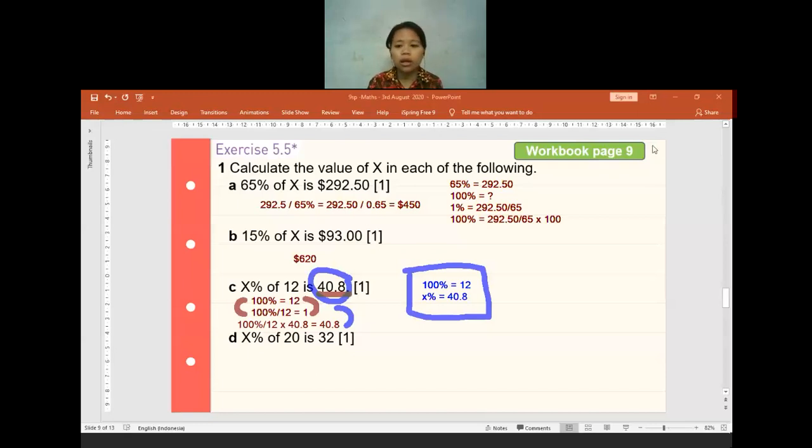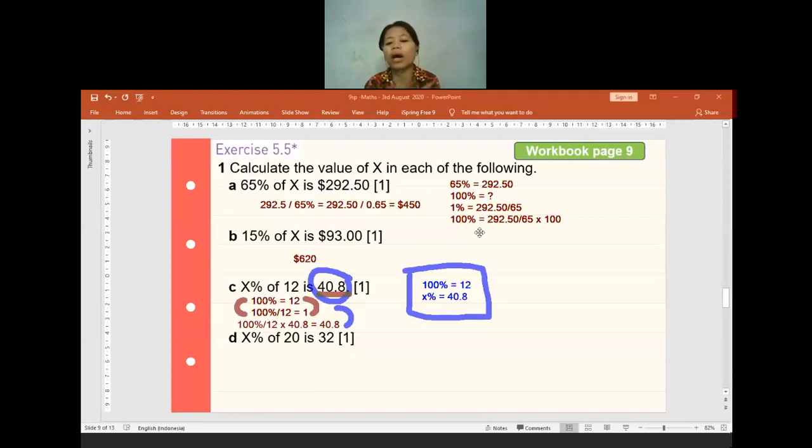Hello, are you still there? Is there anyone confused? No. Okay. The 100% is equal to 12, x% is equal to 40.8.